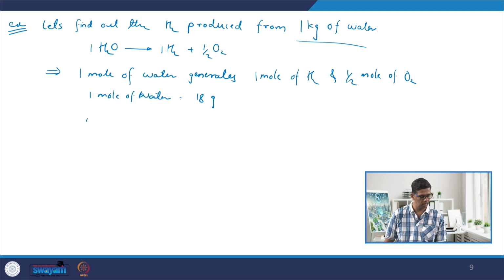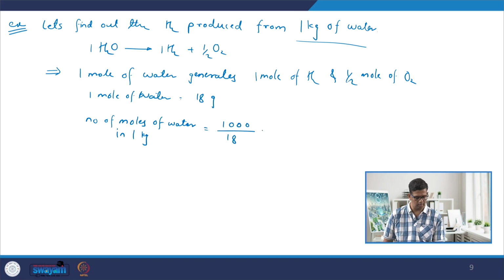So the number of moles of water in 1 kg, that is 1000 grams, is nothing but, let's just divide it by 18. That comes to somewhere around 55.55 moles. So what does it imply?